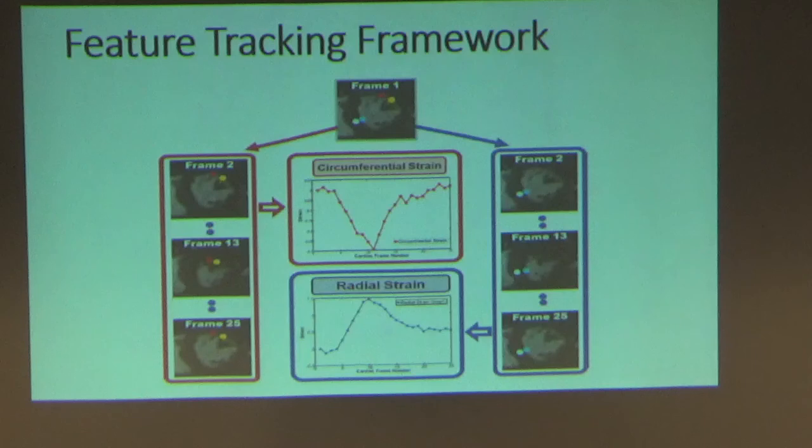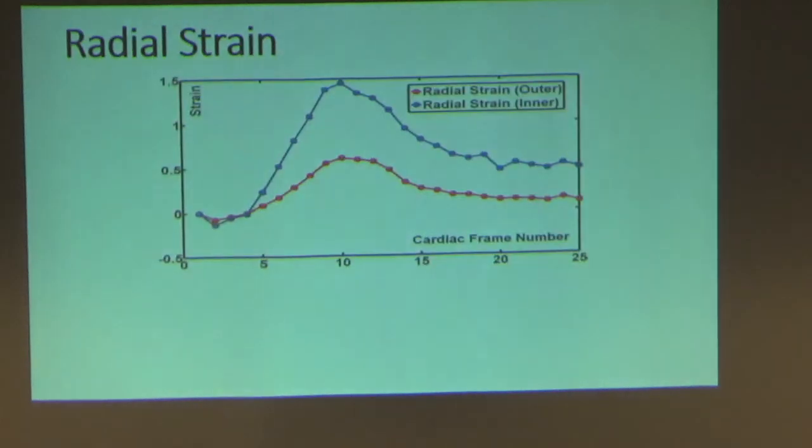And here we could show that if you look at the strains, if you compare the inner wall to the outer wall, the function on the inner wall is almost 2 to 1 that of the outer wall, and that is a relationship that is well known.